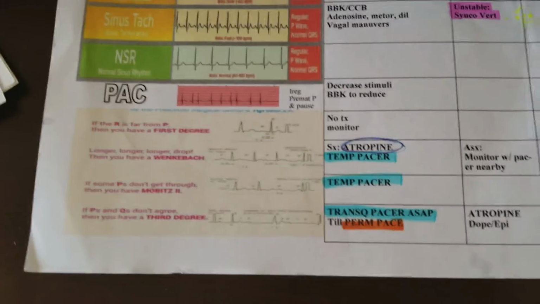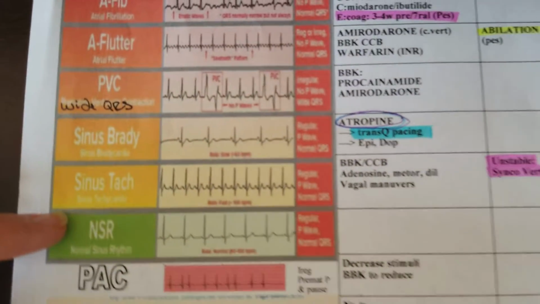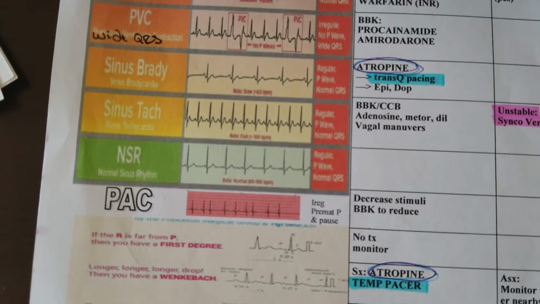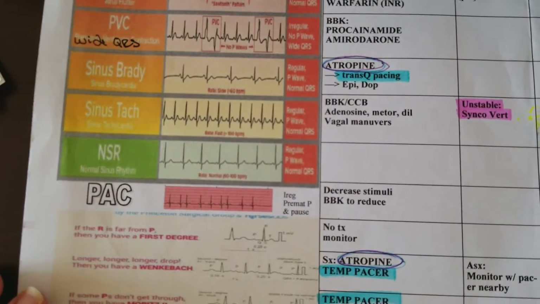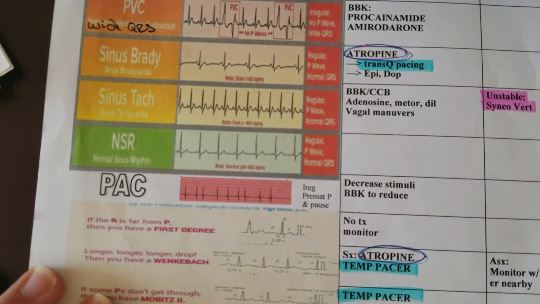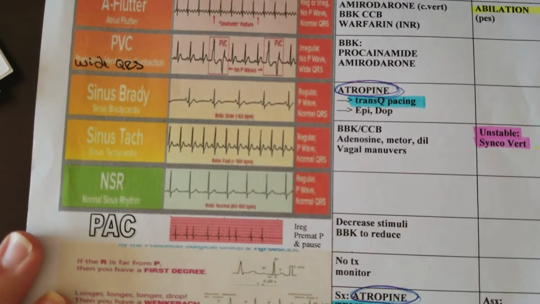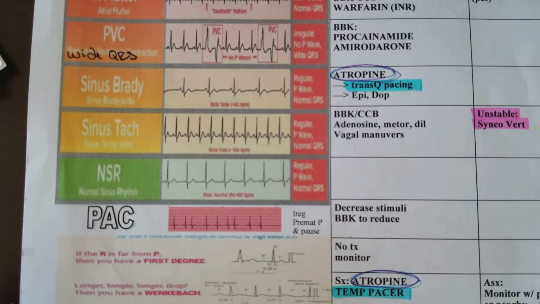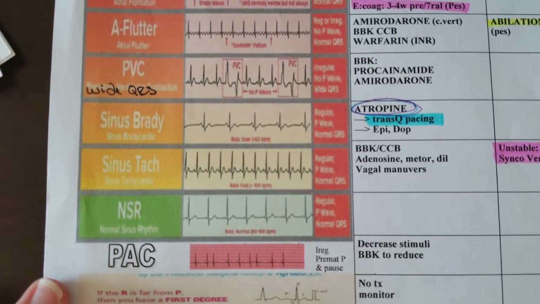So just a couple quick recaps. You've got your normal sinus rhythm, your sinus tachycardia, just faster, beta blockers, calcium channel blockers, adenosine. If it's unstable, cardiovert. Sinus brady, do your atropine with your pacing if you need. PVCs have the wide QRS, and procainamide and amiodarone, as well as beta blockers.